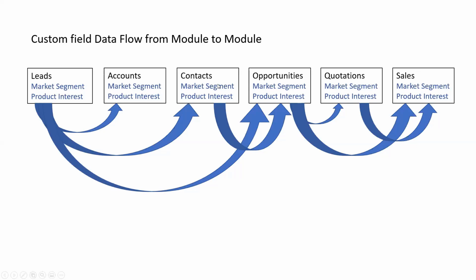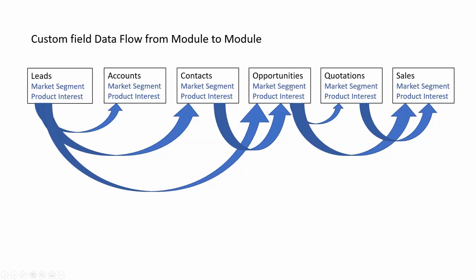In contacts, if you have some custom fields in contacts and you put the same custom fields in the opportunities module, when you create a new opportunity based upon that contact record, then the data will flow into the opportunities record. If you take any custom fields in opportunities and create the same ones in quotations and sales modules, when you convert an opportunity to a quote, the data will flow into the quote record.